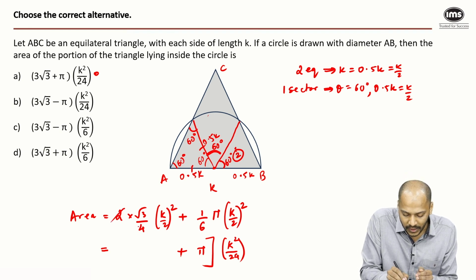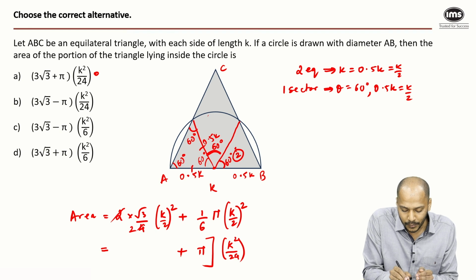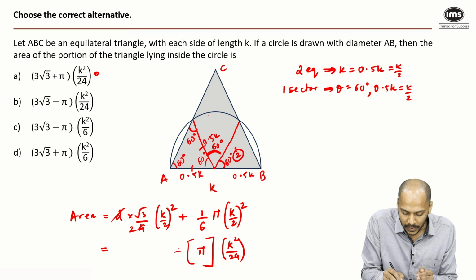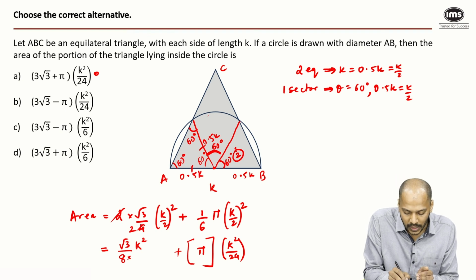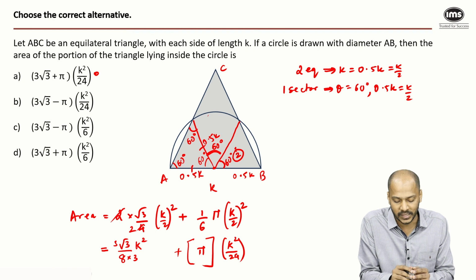So here we'll have a 2, and basically the area of the two equilateral triangles. So this will be K square by 24 into pi, plus from here we'll have root 3, 2 and 2 square, so there's an 8, root 3 by 8 K square. Okay, now I want a K square by 24. So what I'll do is I'll multiply by 3 in the denominator and multiply by 3 in the numerator as well.